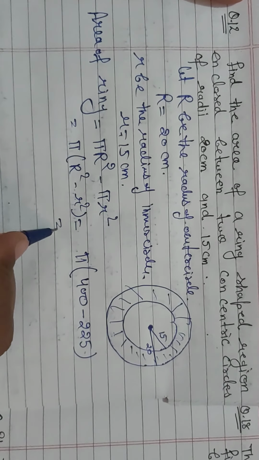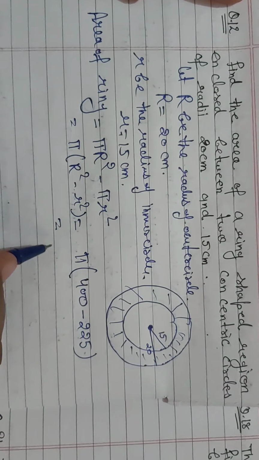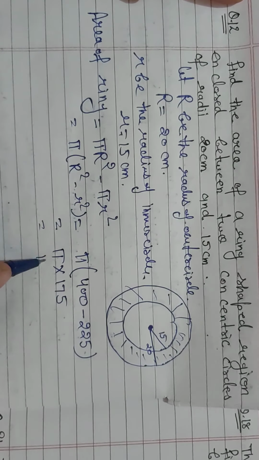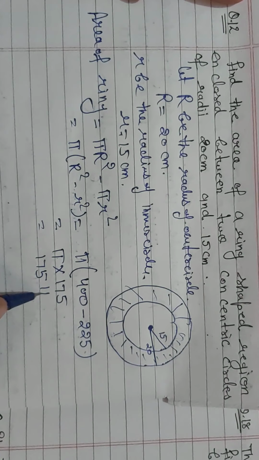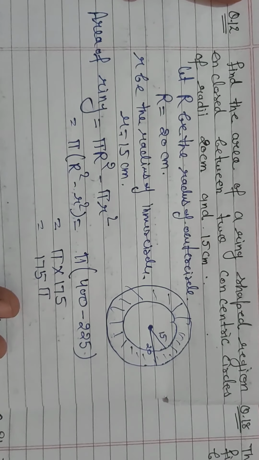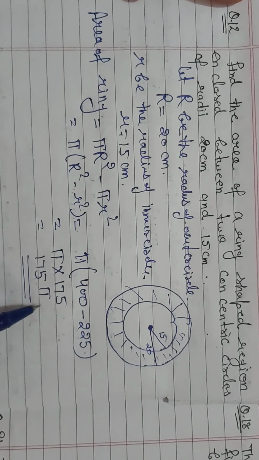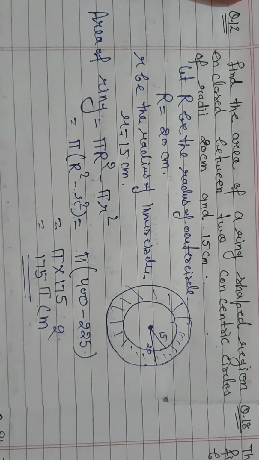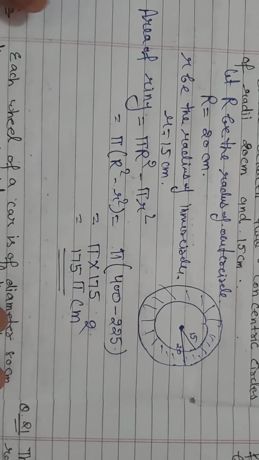Okay, and this equals pi into 175, and this equals 175 pi. If we put the value of pi, then this is the area, and the radius is in centimeter, so the area is also in square centimeter. This is the area of a ring.